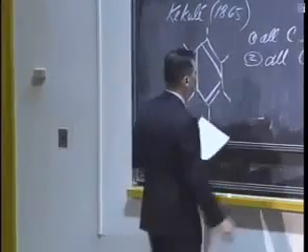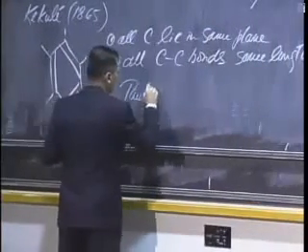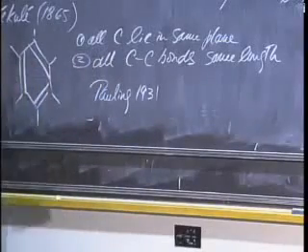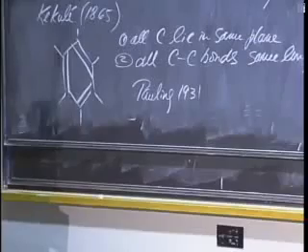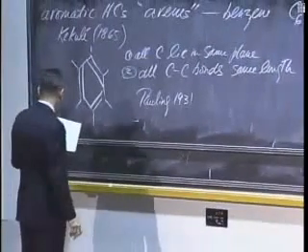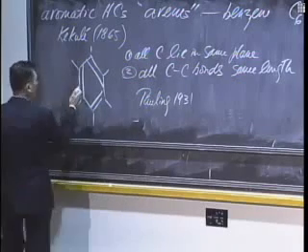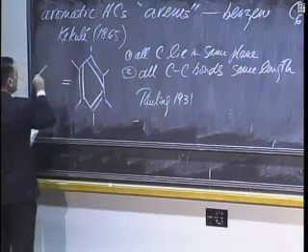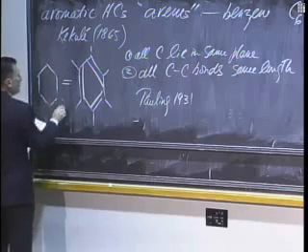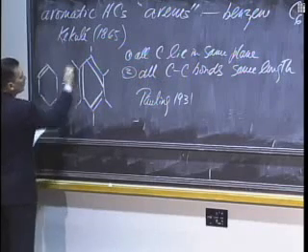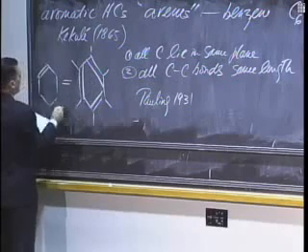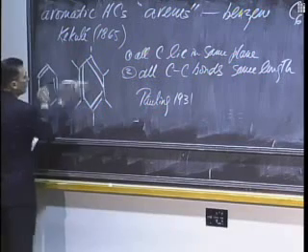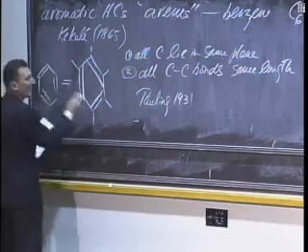We had to wait until Linus Pauling, who in 1931 proposed that, in fact, there are two structures that involve alternating between the structure that I've drawn here and the complementary structure where the double bonds move to where the single bonds are in the existing structure.